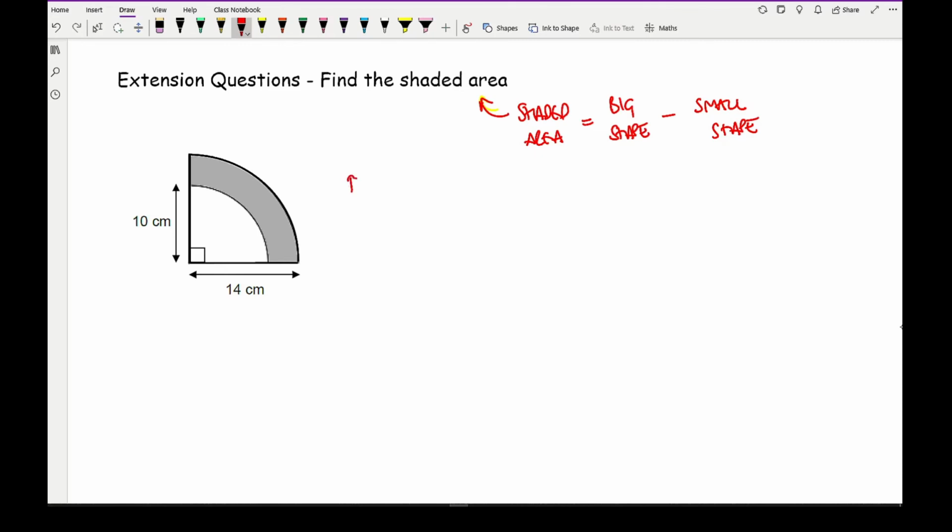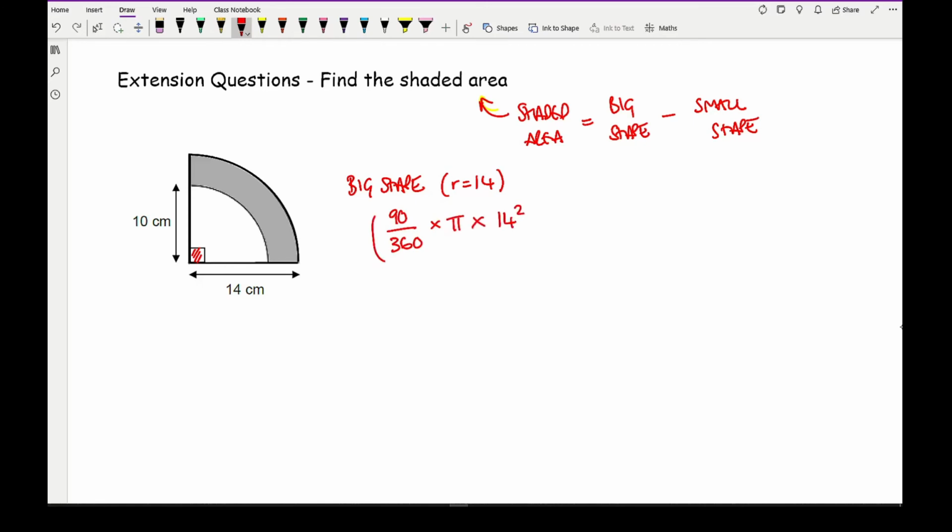So here the big shape is one where the radius is 14. Now the angle theta for both of these two sectors is 90. So here it's going to be 90 over 360 multiplied by pi times 14 squared.